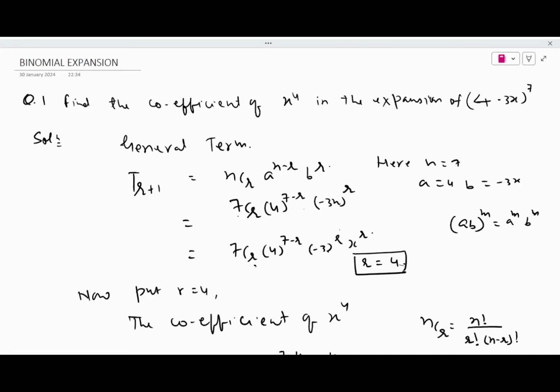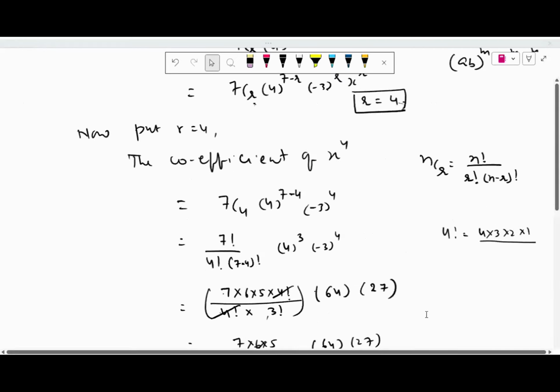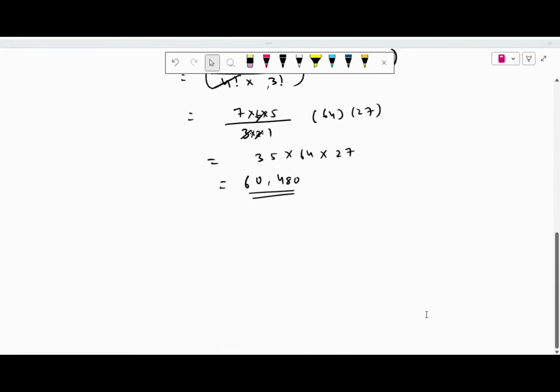Just a minute. We will do some more questions. I have an S level book, I just got it. I'm giving more questions. Okay, here it is.